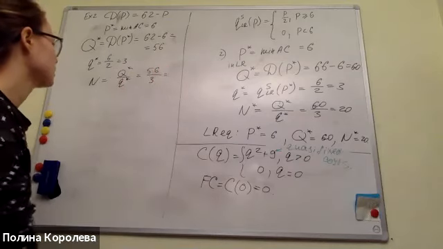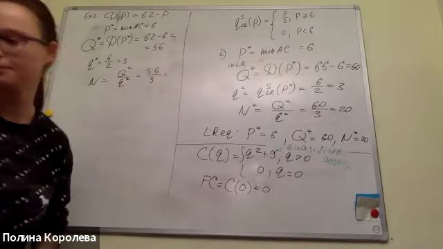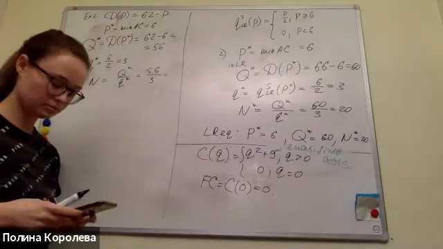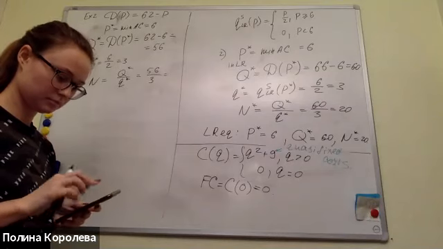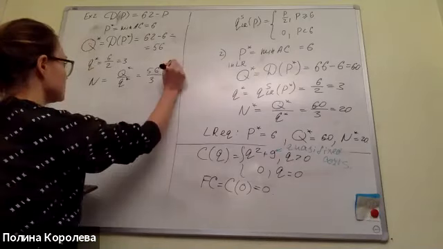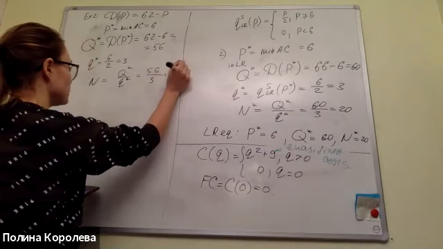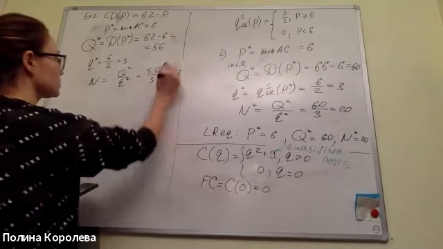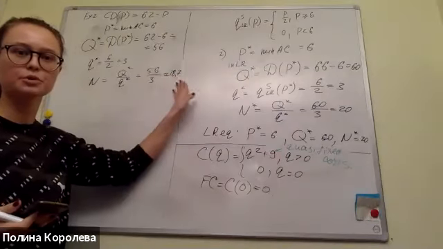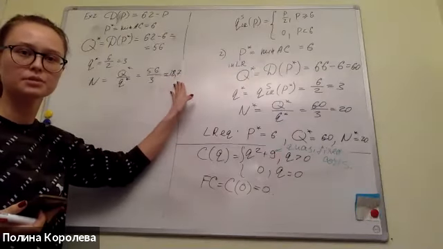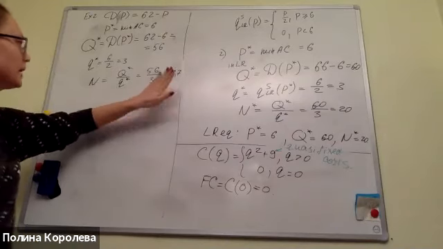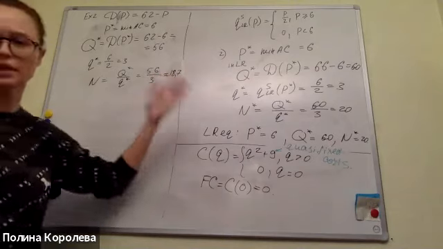How much is it? Let's see. 18.7 approximately. But we cannot have this number of firms, because we need to have 18 firms or 19.